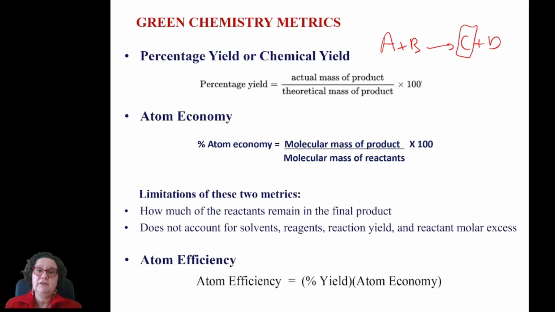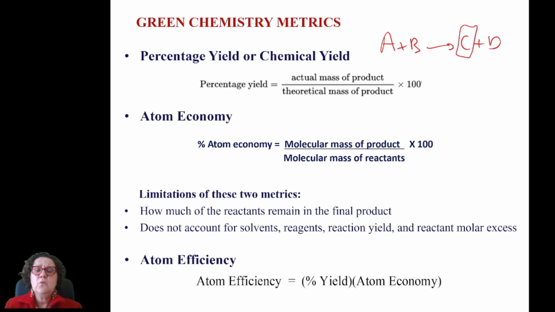If you pick, let's say, 95%, then 95% of the mass of product I was expecting, I actually got. That's a traditional way of assessing how good a reaction is. The higher the yield, the more we are aiming for 100%, the better the reaction is.